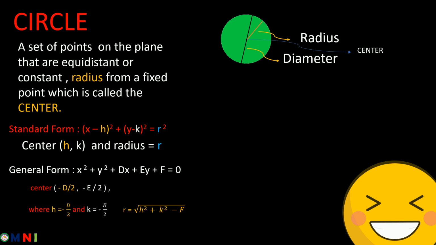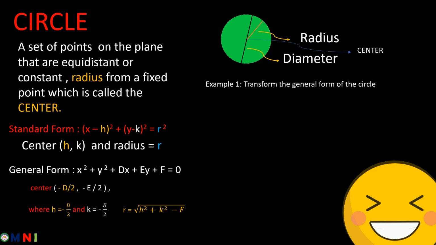For the center, h is equal to negative d over 2, and k is equal to negative e over 2, and the radius is the square root of h² + k² − f. We will be using these formulas in some problems that we will be solving later on.